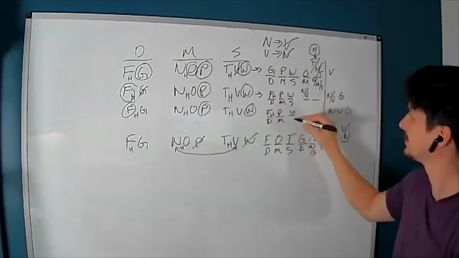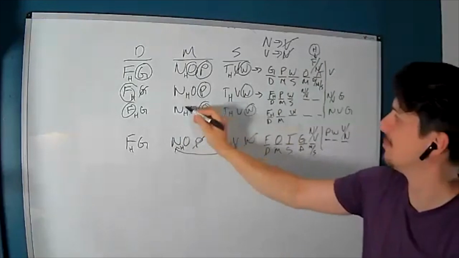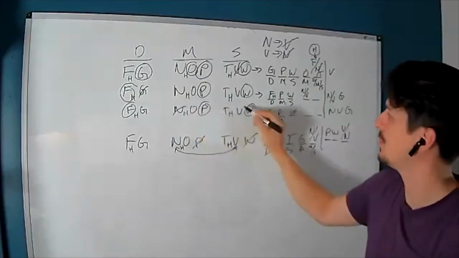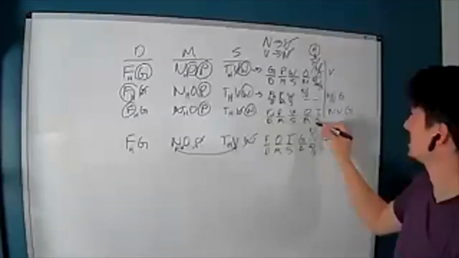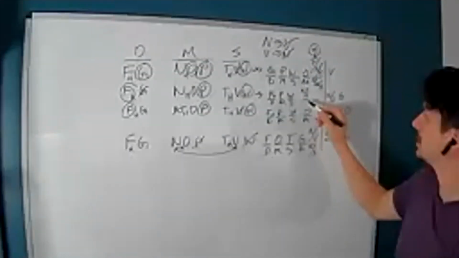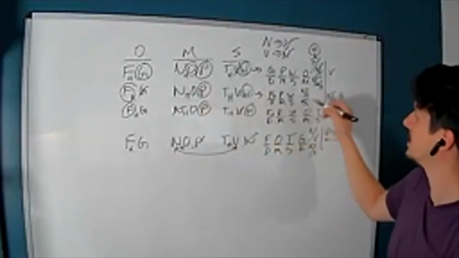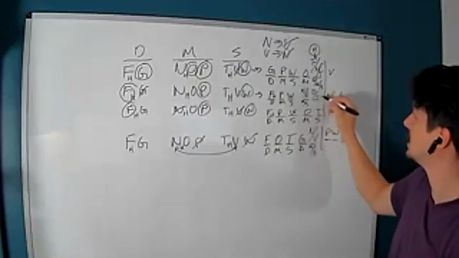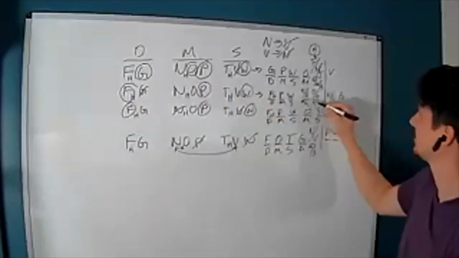And in this one, if both of them are out, then this is an M and this is an S. This one is either M or S. And then this one is O or T, which is either M or S.